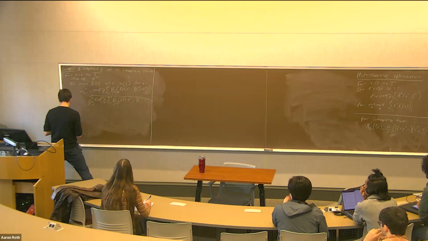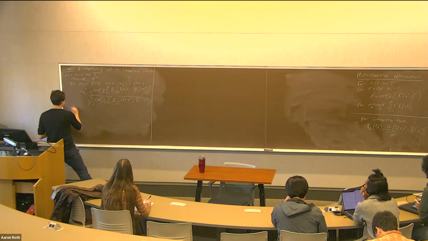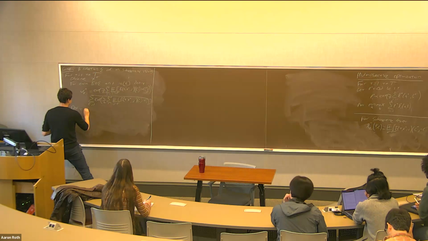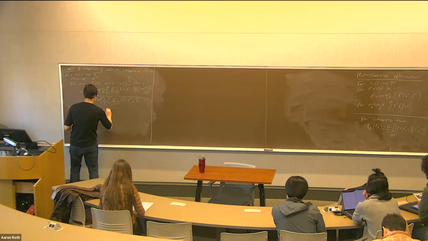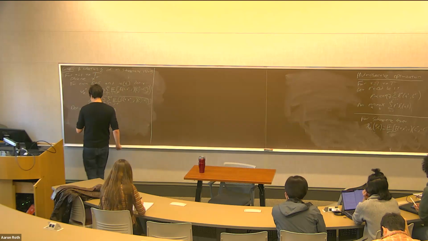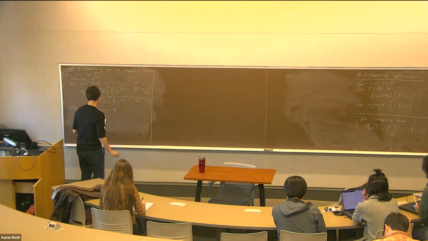So we'll define a K by K matrix A. Okay, what are the entries in this K by K matrix?